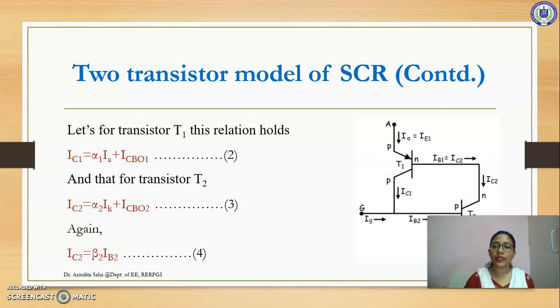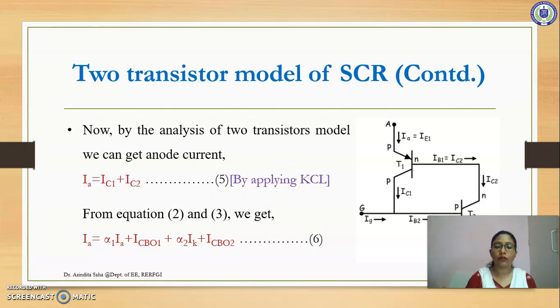And similarly for the second transistor T2, we can write IC2 is equal to alpha 2 into IK plus ICBO2. Again we know that IC2 is equal to beta 2 into IB2.